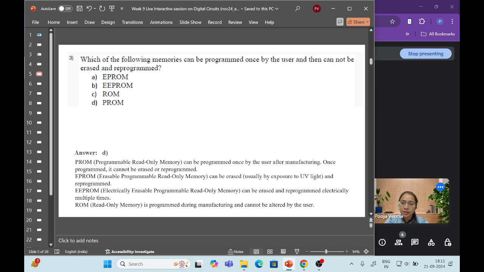EEPROM, electrically erasable programmable read-only memory, can be erased and reprogrammed electrically multiple times. The difference between EPROM and EEPROM is that EPROM is erased by exposure to UV light and EEPROM is erased electrically.